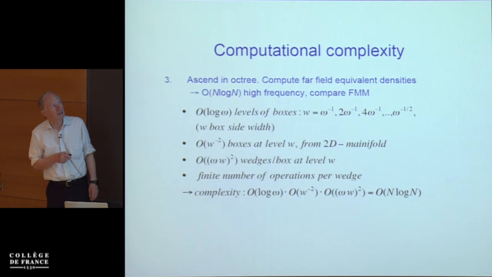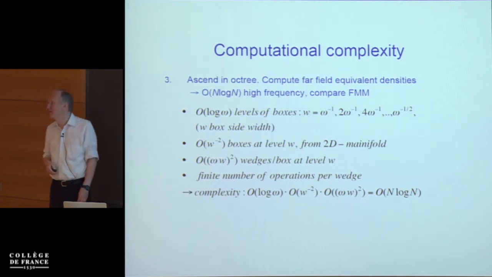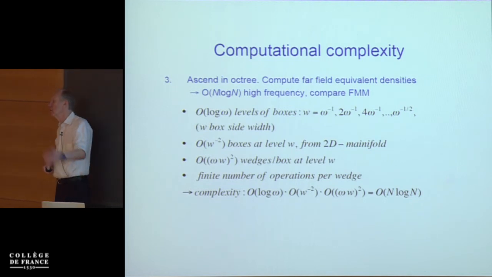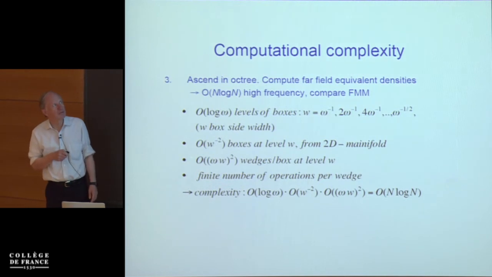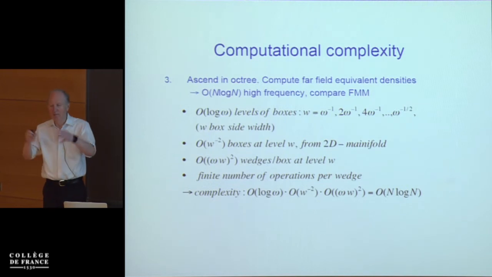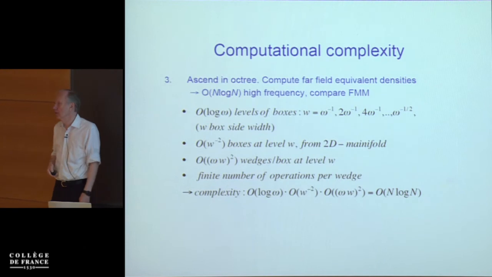And then you see how many of these boxes are intersecting the manifold where you solve that. So you have this number of boxes over here. Then you say, how many wedges do these boxes have? And that you check in this 3D thing. And then you have a finite number of operations, because you build them up from the bottom. And you add all these things up, and it becomes n log n.